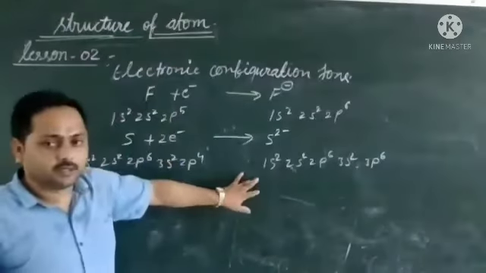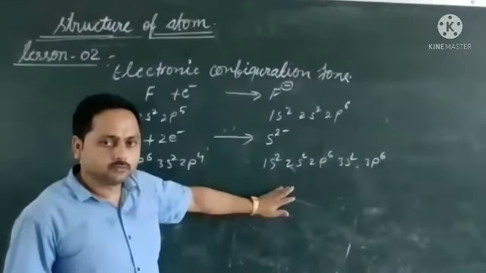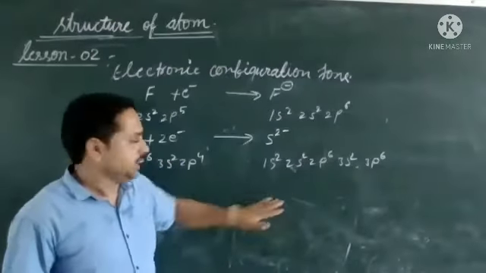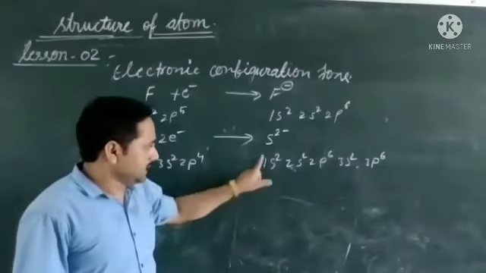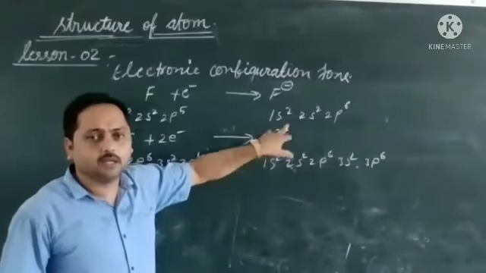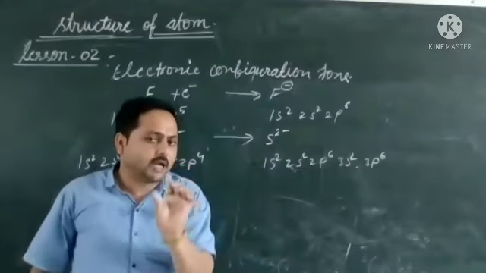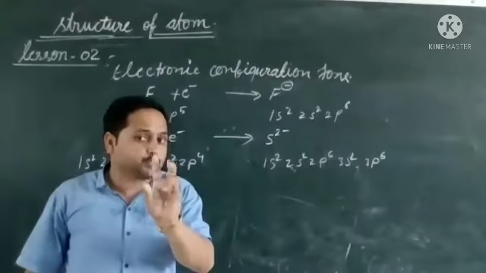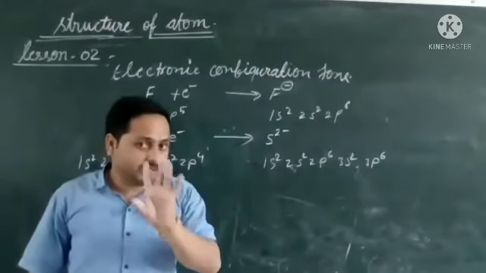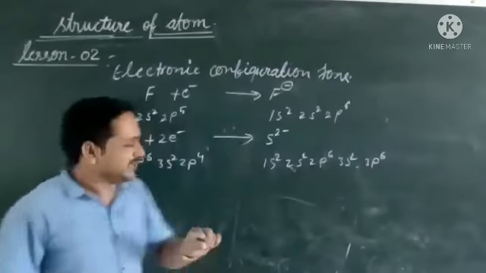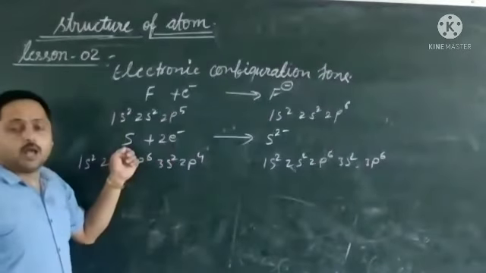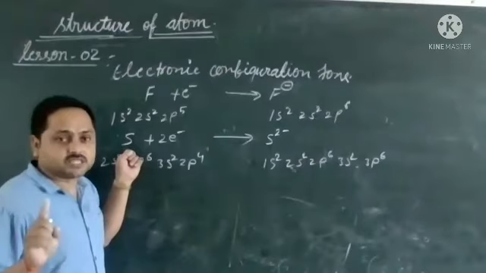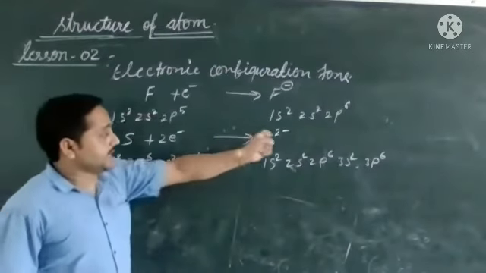Just follow me here. Like this we have to do. Got it? How many charges are there? That many electrons will be added to the actual electrons that the atom has. It means if we talk about this sulfur, how many electrons are in this? 16, and it has 2 charges here.